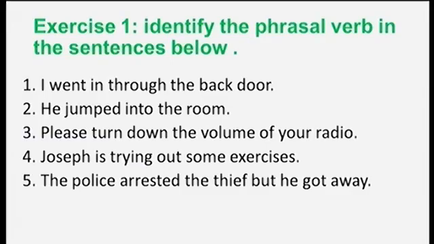We listen, read, write, and we need to do some writing. The exercise is for you to identify the phrasal verb in the sentences below. Please write those sentences in your books and underline.